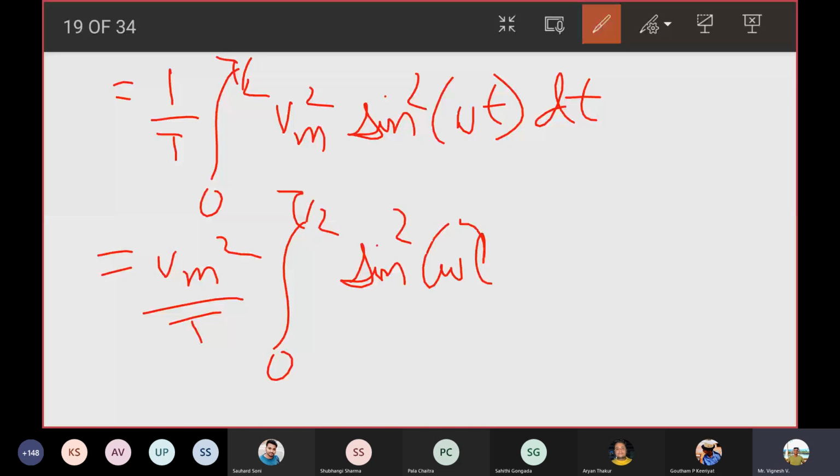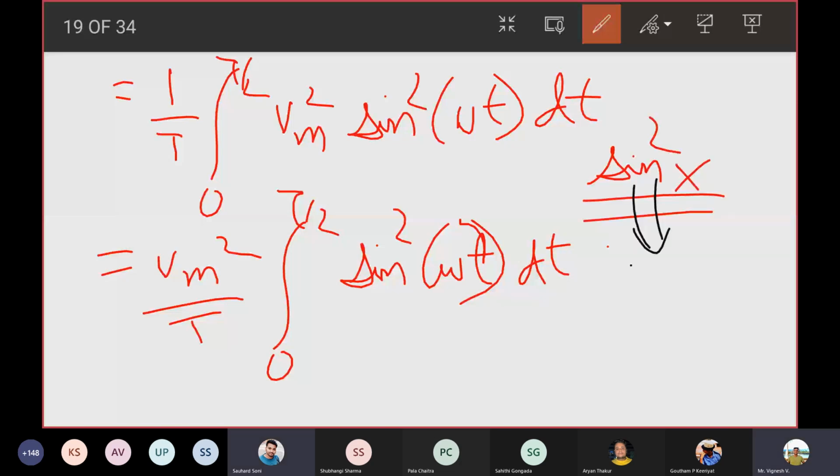How would you write sine square x? Sine square x can be written as 1 minus cos 2x by 2, not 1 minus cos x. 1 minus cos 2x by 2, right? So you substitute that here.